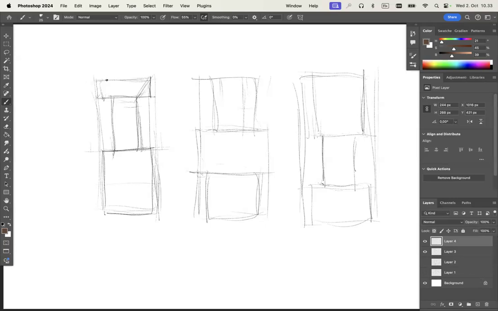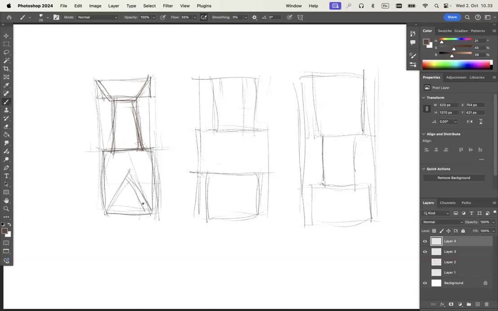Let's make this triangular. And at this point, I may be already thinking about, so tapering shapes are usually a good way of getting dynamic characters out of your shapes. And of course, these will be the legs at the end.